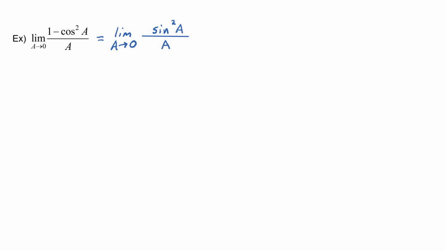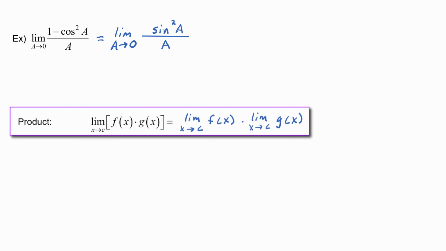Now we can use the rule that the limit of a product is the product of the limits, because really what we have here is the limit as a goes to 0 of sine of a over a times sine of a.